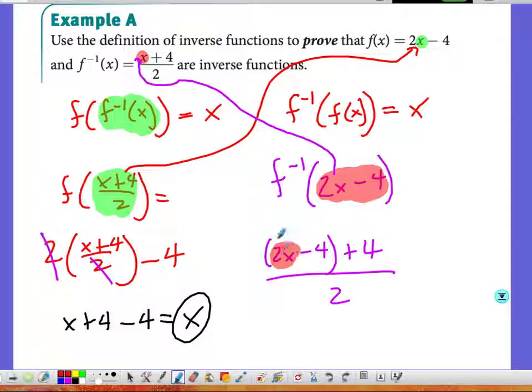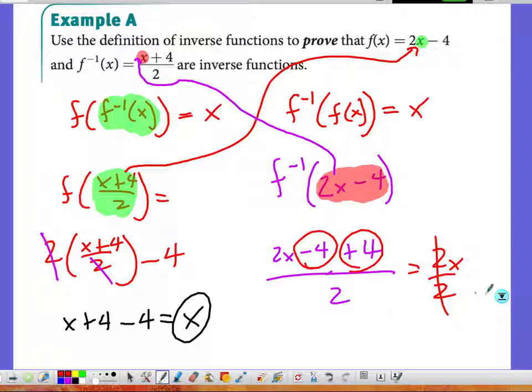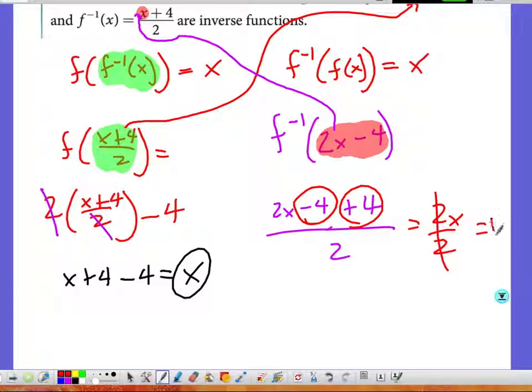Okay, so now, do we have to distribute anything outside the parentheses? Nope. So we can get rid of the parentheses. And we can go ahead and simplify. Negative 4 plus 4 becomes 0. So we just have 2x divided by 2. 2 over 2 becomes 1.